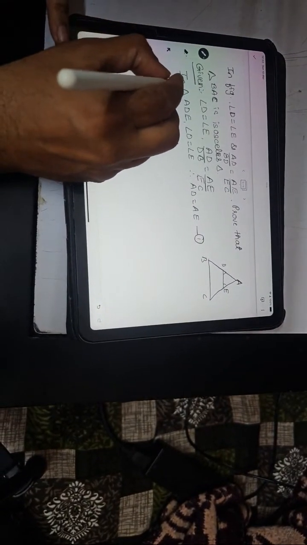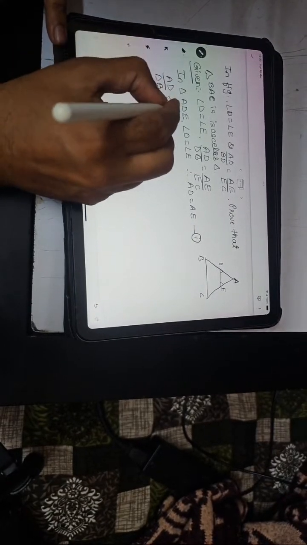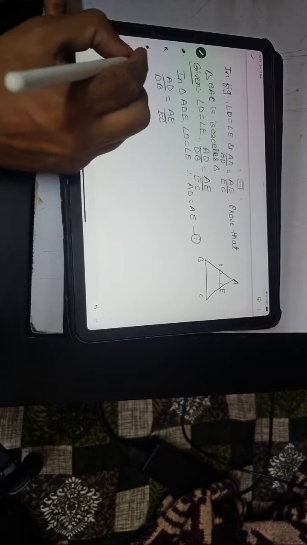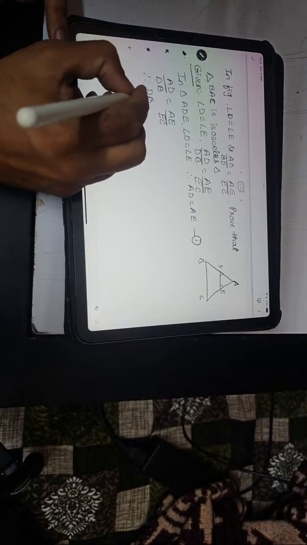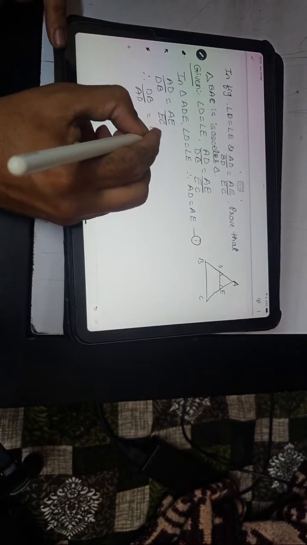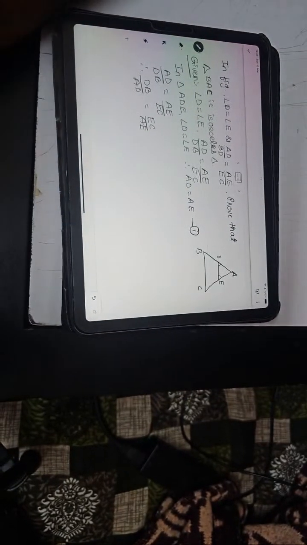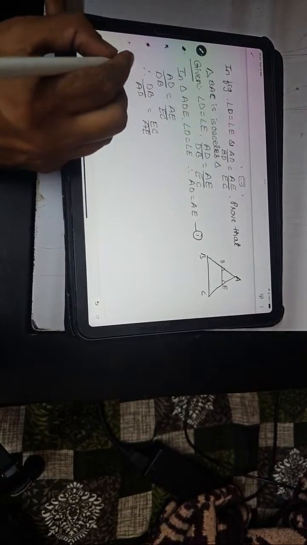Now AD upon DB equal to AE upon EC is there. So therefore I can say DB upon AD, if I reverse both of them, will be EC upon AE. I have just done reciprocal of both, and now I am adding 1 on both sides.